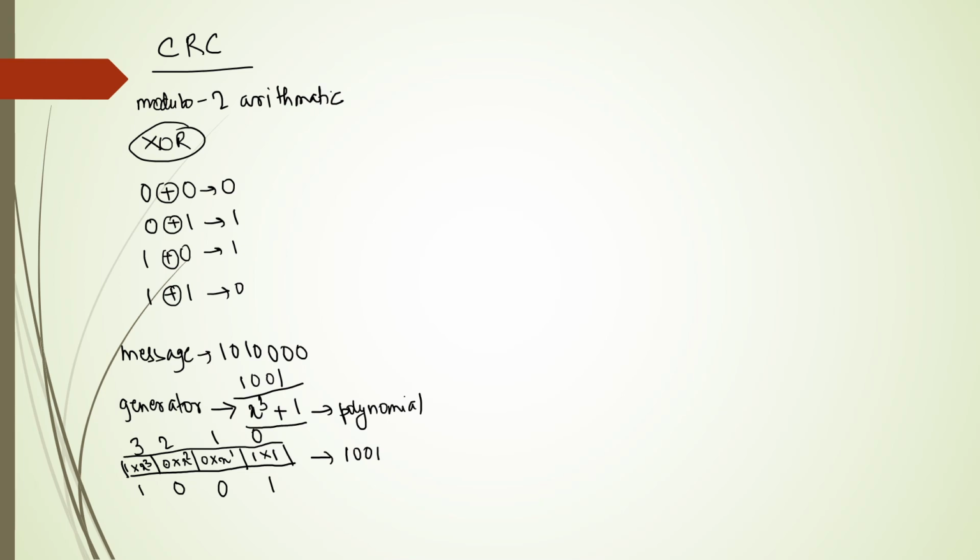Okay. So since we have multiplied x to the power 3 by 1, we can say that the third index is set, so for the third index it is a 1. For the second index, we have multiplied by a 0, which means it is not set, so for the second index it is a 0.